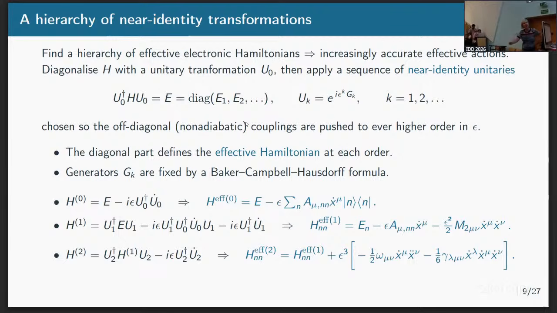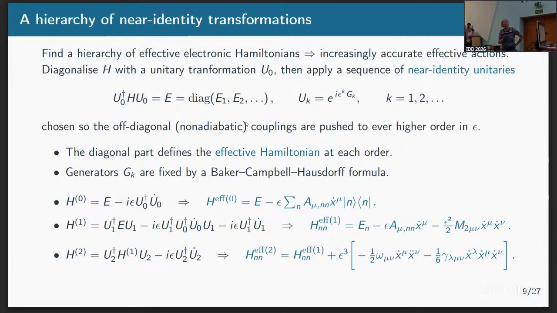So that you get, in each order, these effective Hamiltonians become exactly diagonal. Off-diagonal elements go in the second order. This is how you do your approximation. So in the zeroth order, we just get this diagonal Hamiltonian, which has energy eigenvalues given by the adiabatic state.